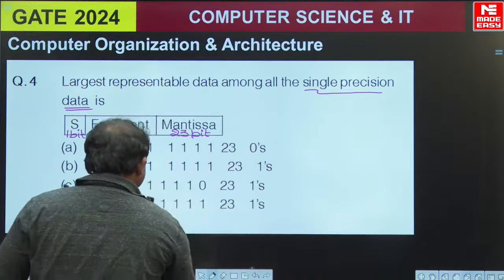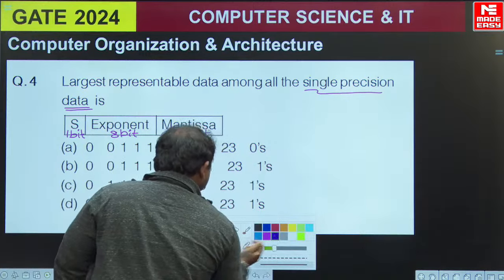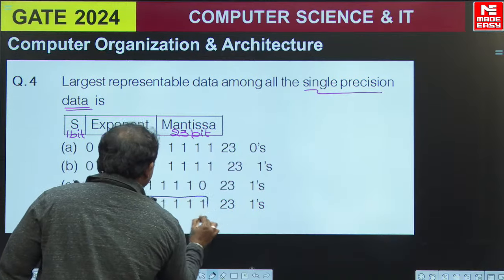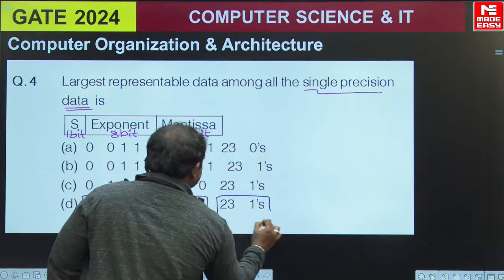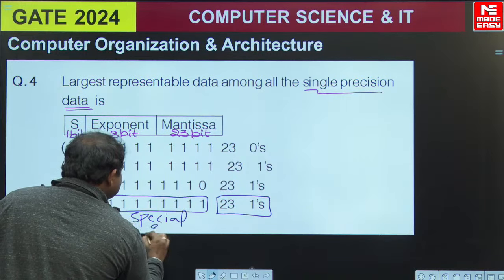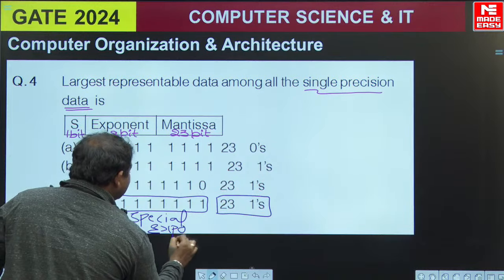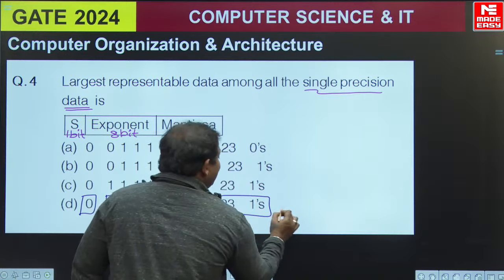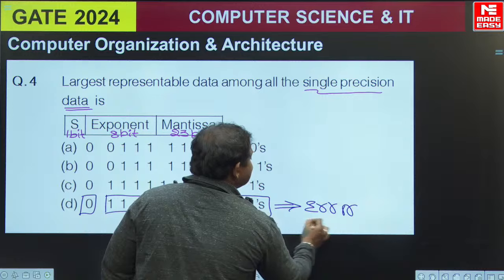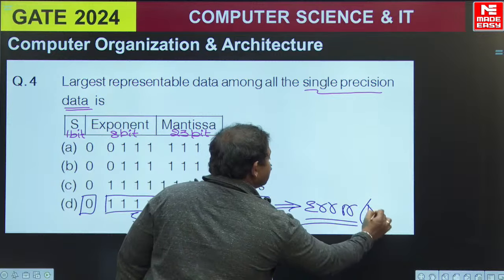So if you see the D option here, sign is 0, exponent all ones, mantissa all ones, this is a special exponent. When it is a special exponent with mantissa all ones, this is called an error. This is not actually data, this is an error, NaN, correct?